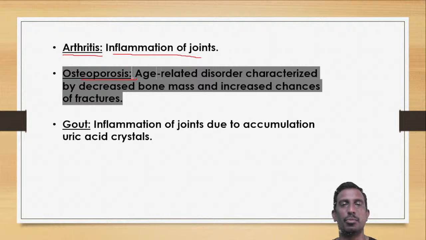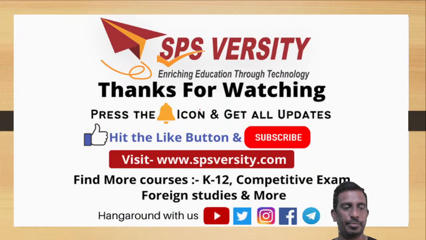Next is osteoporosis, which is age-related, where bone mass decreases and increases the chance of fractures. Another one is gout, where uric acid gets accumulated at joints. So that's all about locomotion and movement.